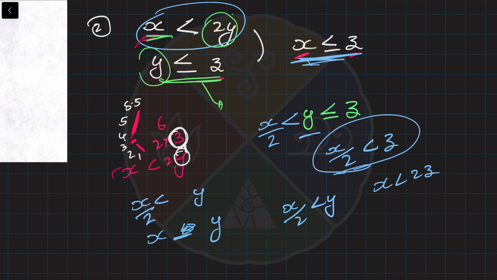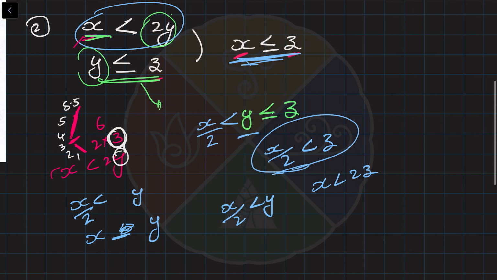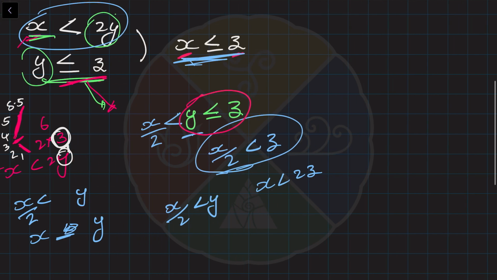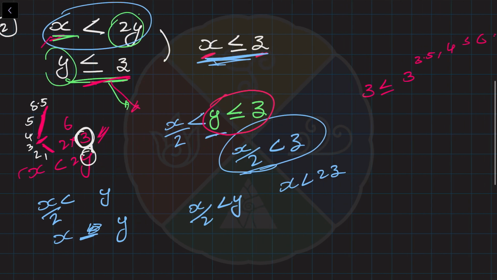All the possibilities are here. And from this statement what we found is that y is less than or equal to z. That means if y is equal to 3, z can be 3, or 3.5, or 4, 5, 6, any value greater than that.